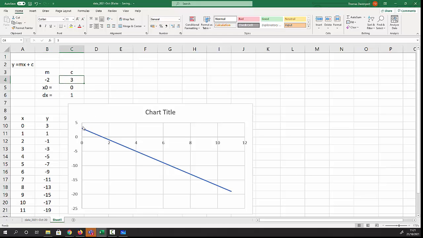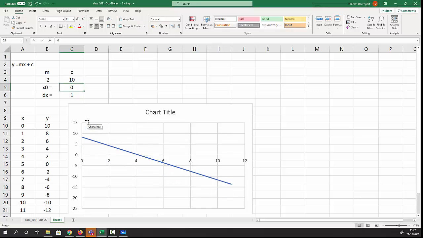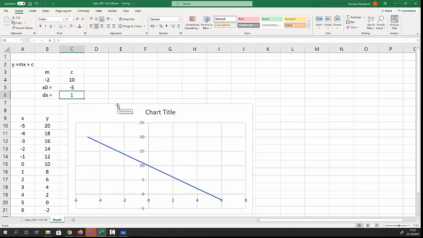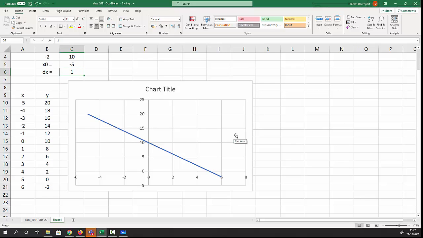And if I make the intercept 10, instead of 3, you can see it coming through at 10. I said my first x point is 0, so let's go for -5 so we can see both axes, the y-axis and the x-axis across there. So now instead of having the graph of a straight line, I've got the graph of all straight lines.